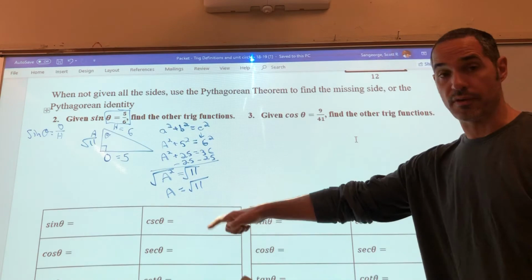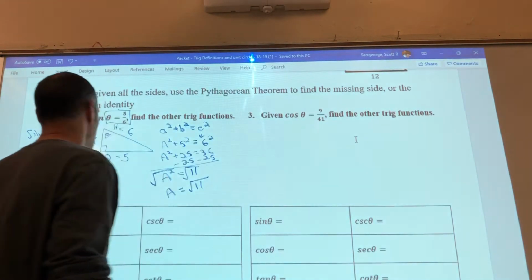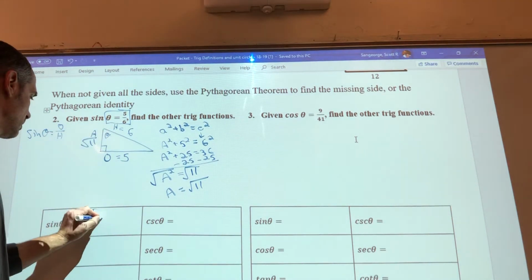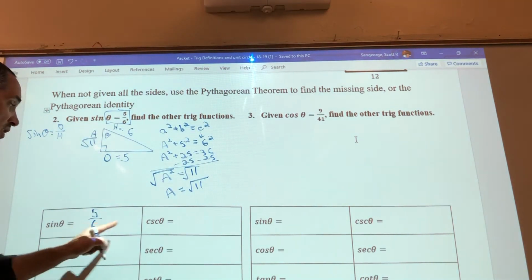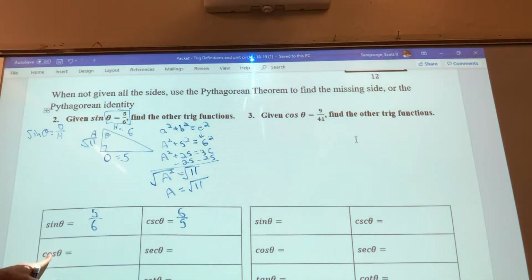And now I can identify my sine, cosine, tangent functions. Sine, we already know they gave it to us, 5/6. That's a done deal. Cosecant is just a reciprocal, 6/5. Cosine is adjacent, which we just found, square root of 11 over the hypotenuse, which is 6.